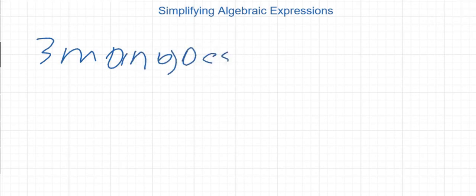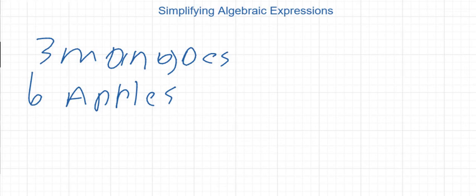Say I go to the market and I see mangoes and I decide to buy 3 mangoes. Oh, my writing is not perfect. And I also see apples, so I decide to buy 6 apples. After purchasing these fruits, I am left with, say, $20.